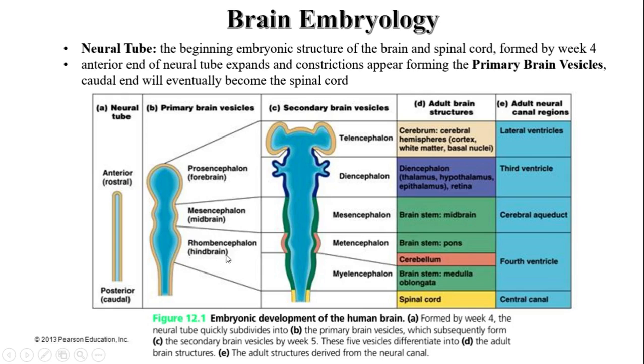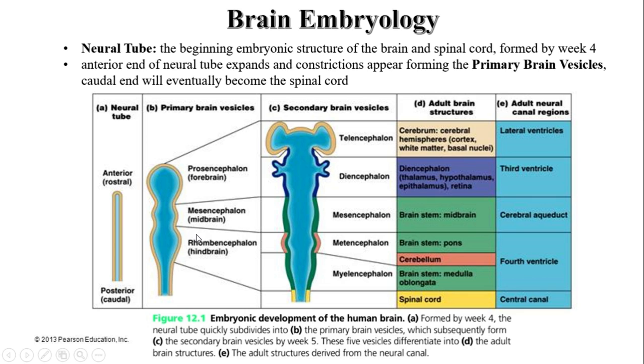These 3 primary brain vesicles are your prosencephalon, or forebrain, your mesencephalon, your midbrain, which you can see stays consistently as the mesencephalon the rest of the way, just making your midbrain, and then your rhombencephalon right here, which is your hindbrain.